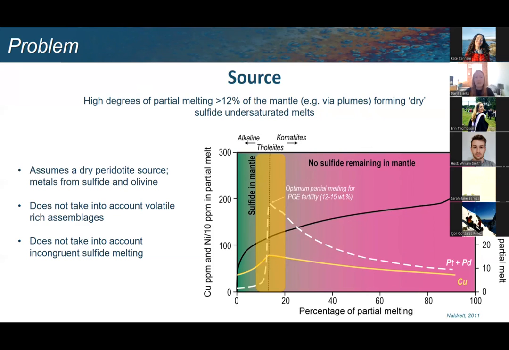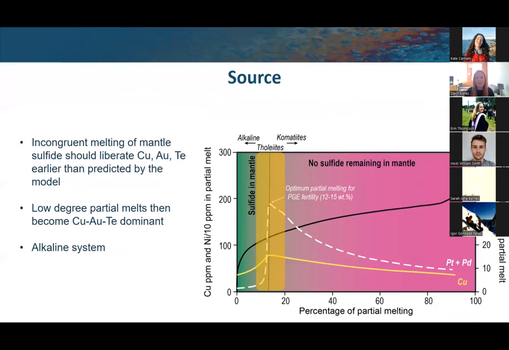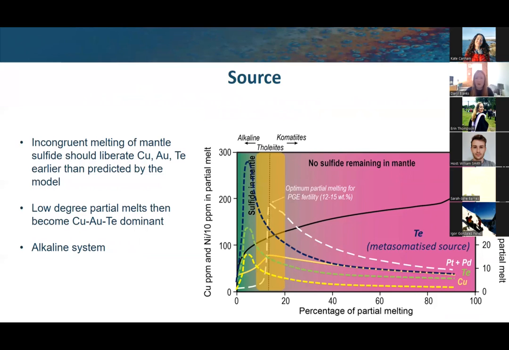So this doesn't really take into account whether we've got volatile rich assemblages or even incongruent melting. In this case, where we've got incongruent melting of sulfides, we would liberate copper and tellurium at much lower degree partial melting. And this is what we see in these alkaline systems, where we've got low degree partial melts that are more copper, tellurium, and even gold dominant.